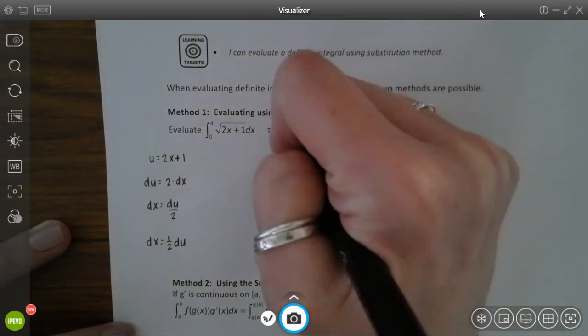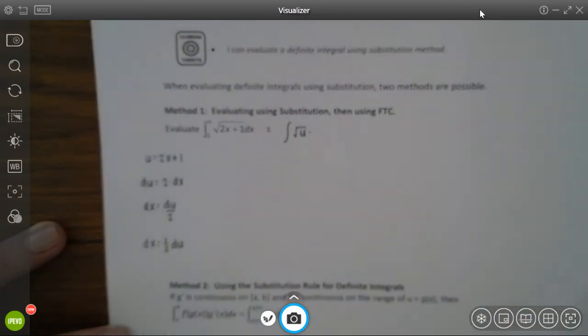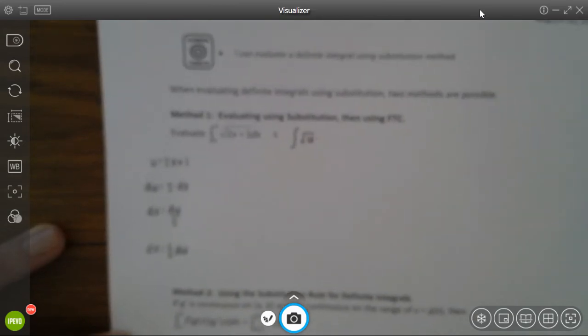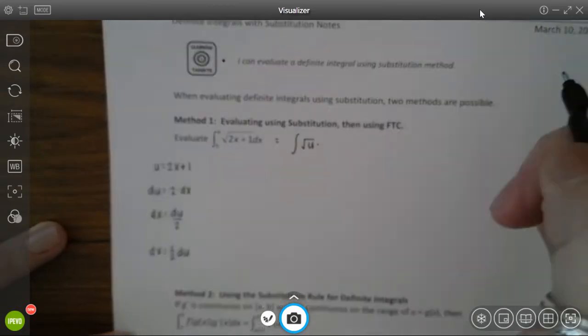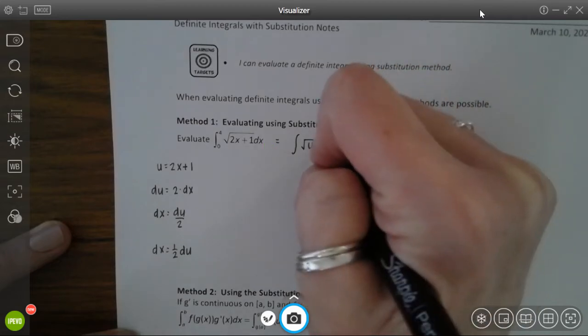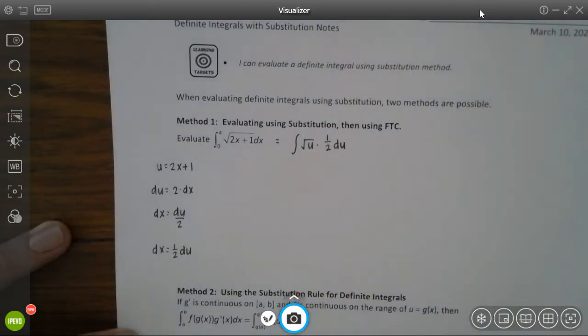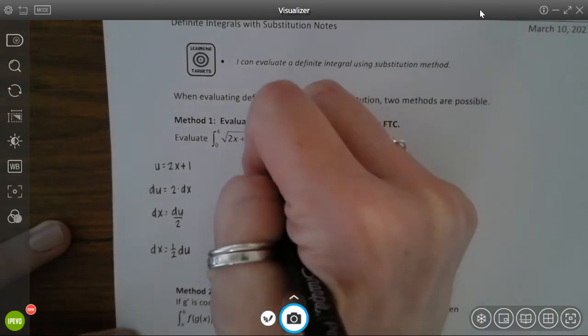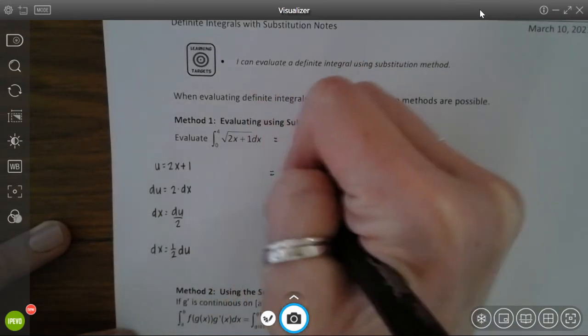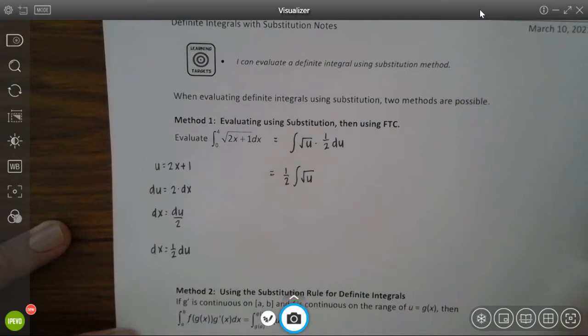So I'm going to call this the square root of u, substitute in my dx, which is going to be 1/2 du. And then I'll take my constant on the outside of the integral. So 1/2 times the integral of the square root of u du.